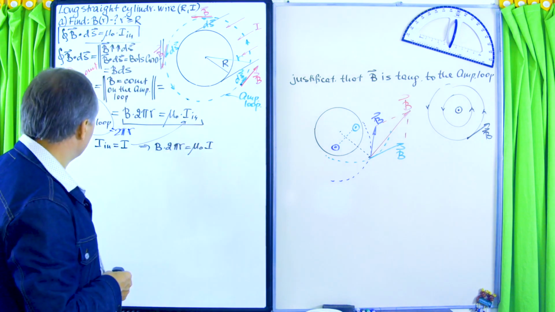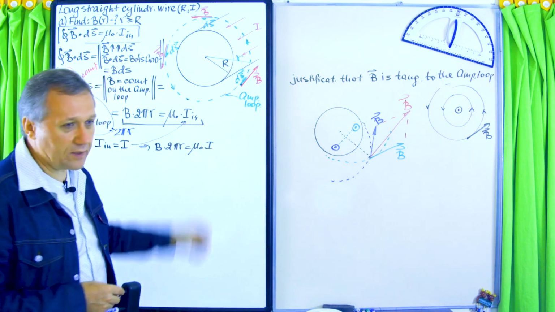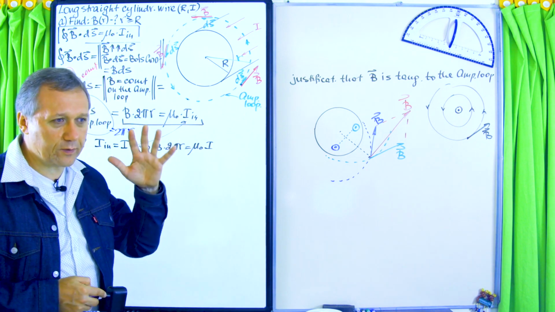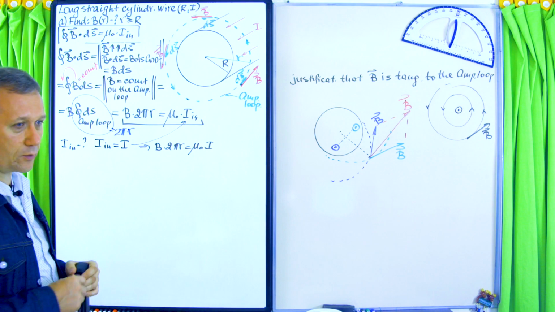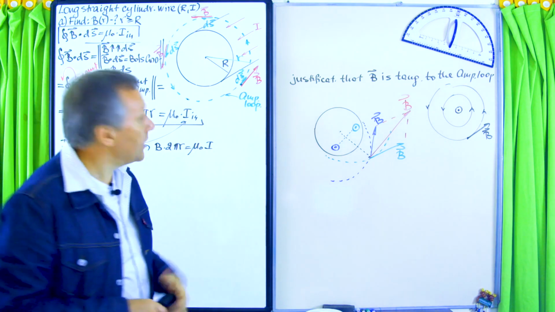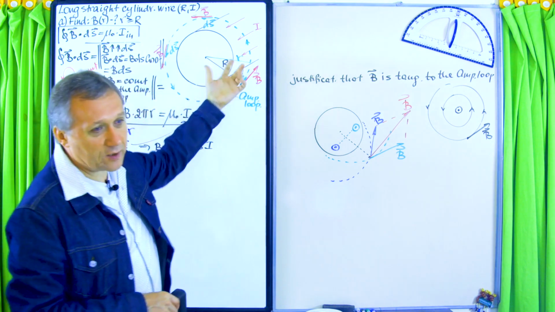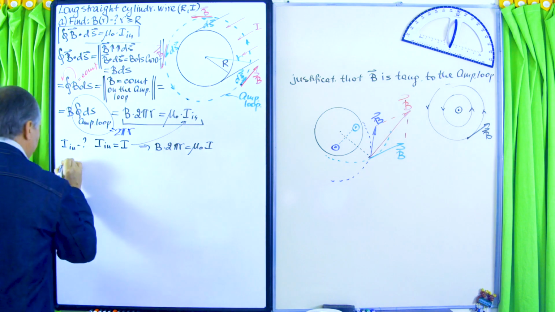So if you substituted I instead of I enclosed, this I must be at the very end, because I see students very often still use I enclosed at the end in their answer. No. The answer must have only what is given in the problem, and the variable, in this case r small, basically a variable. Right.